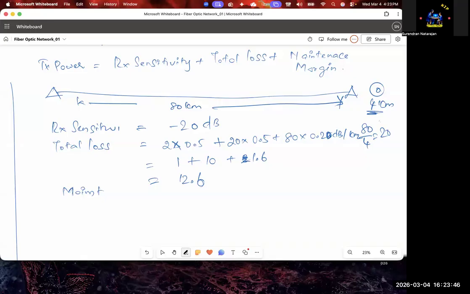So 80 into 0.20, that is 1.6 only, right? Okay. So we got this.